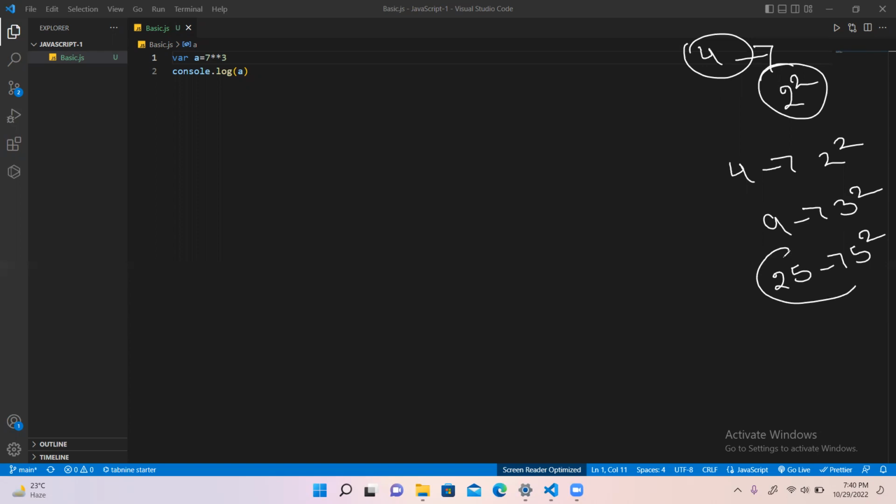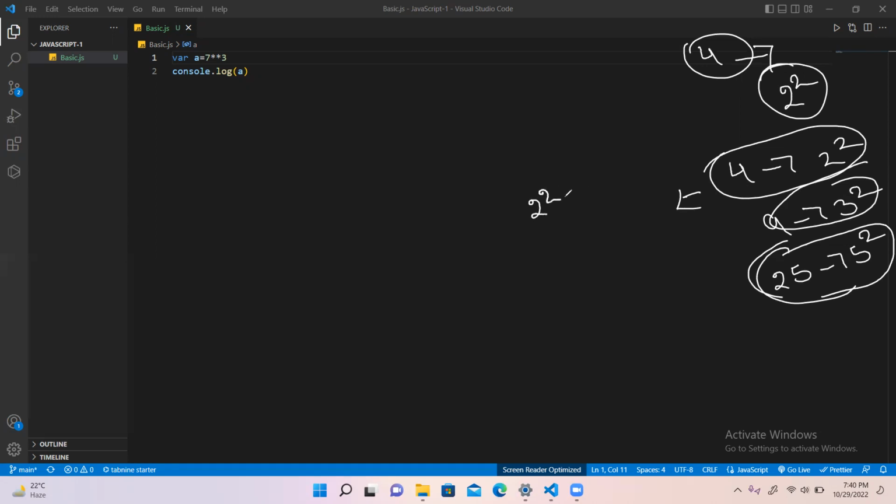So how to get this value? It means to say the reverse value. How to get this? Okay, first of all, we solve this question. So we have 4, which is 2 raised to the power 2. You want that value 2.